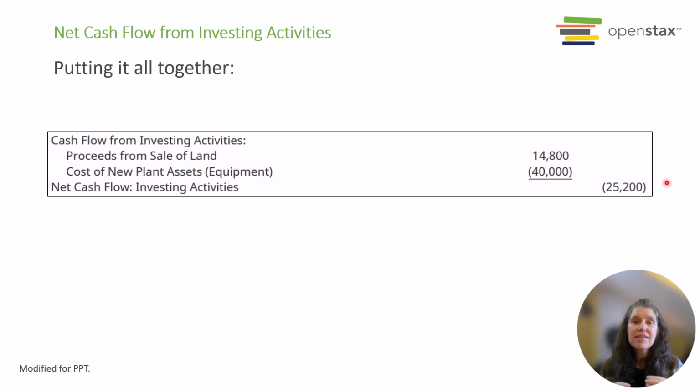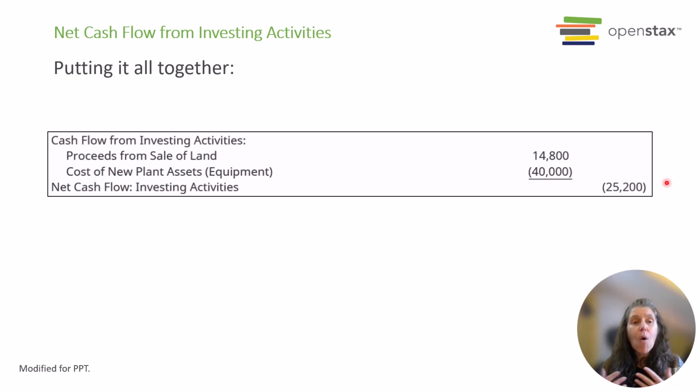It just says we had $25,200 more go out in this category than we had come in this category. So we're tracking cash movement. A company can still be profitable. They didn't lose money. They just had more go out than they had come in this category.